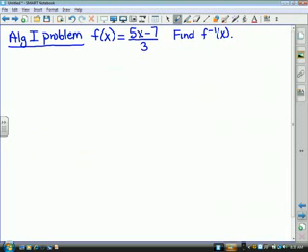This is something that used to be in Algebra 1 books. I will be honest, I don't think in your Algebra 1 book it had them find the inverse for a linear function. I think they waited and had you do this in Algebra 2. But it's not that hard. First, we still have to check, is it 1-to-1?